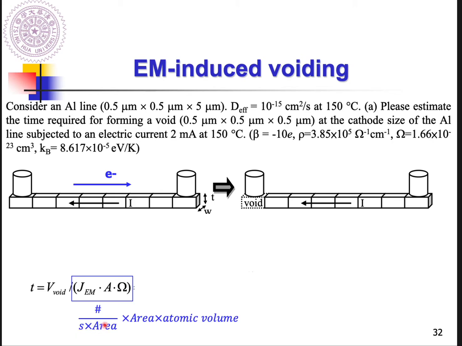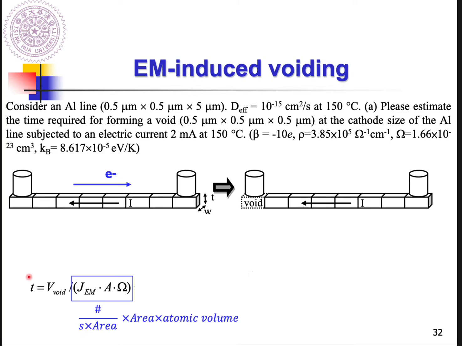And in order to know, this is a flux, right? So we multiply by the area, and also the atomic volume. So you are going to know the total volume of vacancy formed per second.